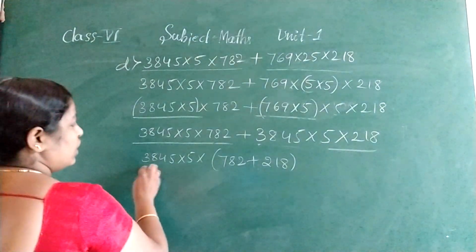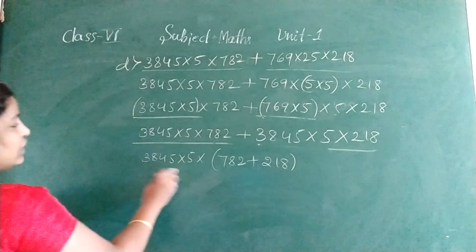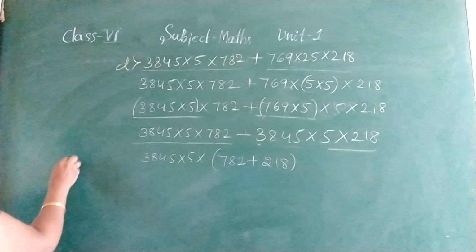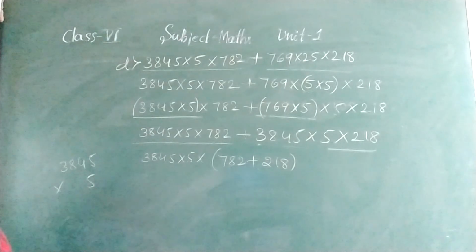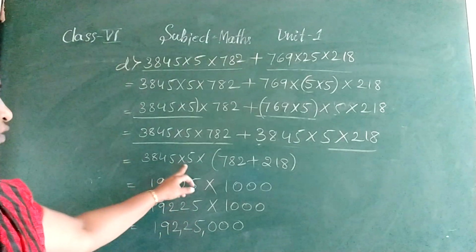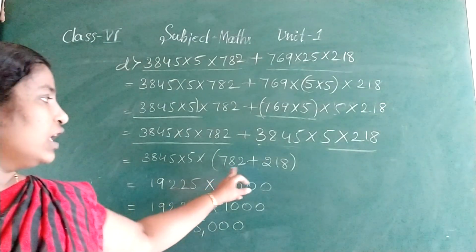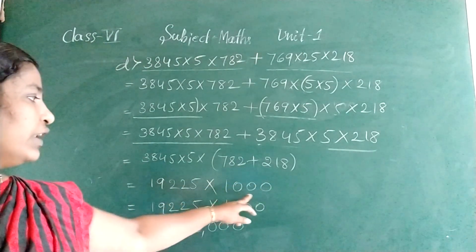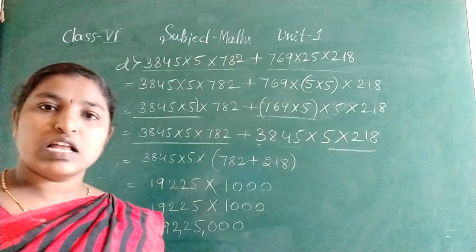So these two multiplications we have to do. If we do these two multiplications, 3845 into 5, we will get, see here these two we have multiplied, so 19,225 we will get. These two we have to add, we will get this. So again multiply this, we will get this answer.